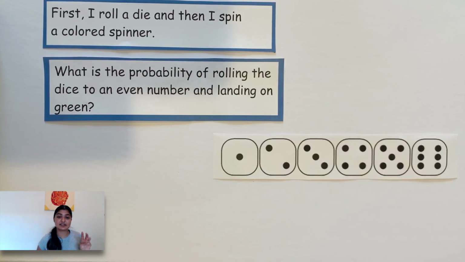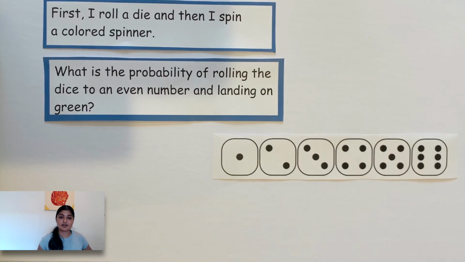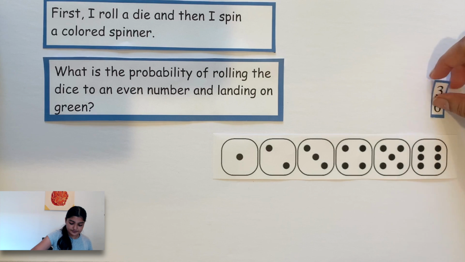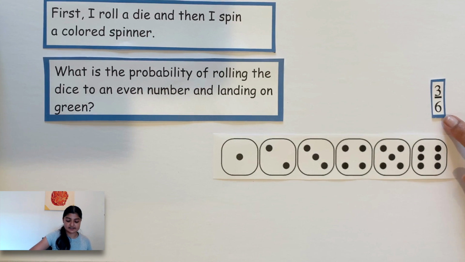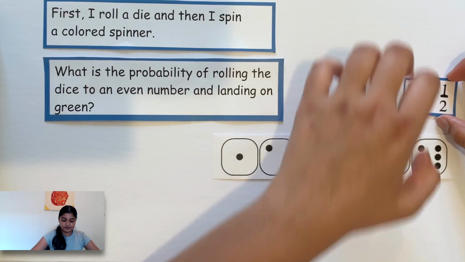In other words, there are 3 different even numbers out of a total of 6 outcomes that we could roll. So we know that the chances of rolling an even number on our 6-sided dice is 3 over 6, which we can also simplify down to 1/2.